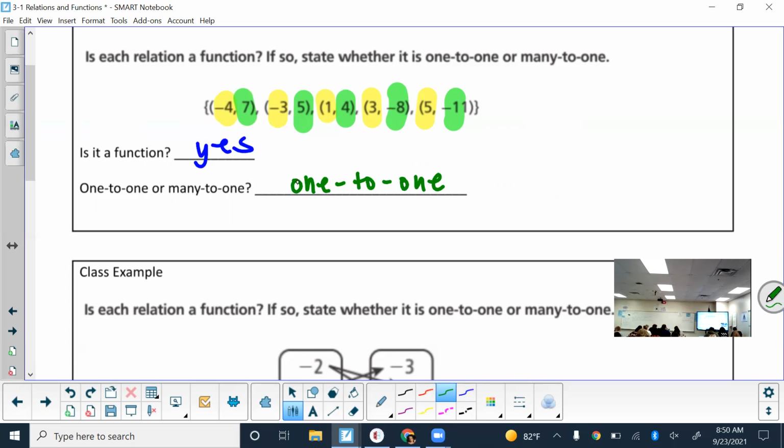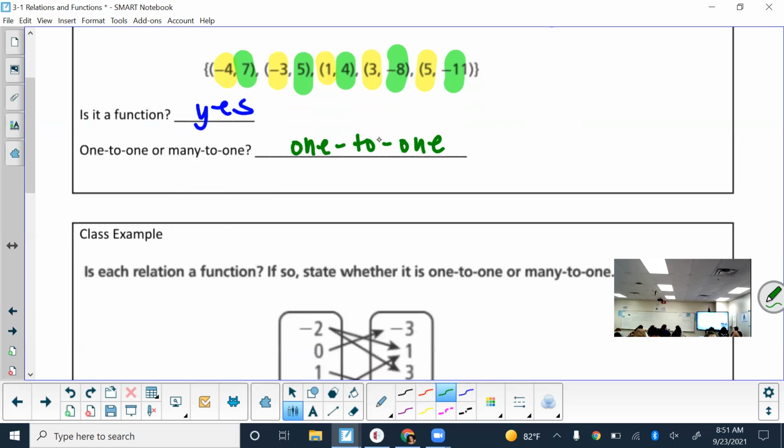Many-to-one would be if different x's point to the same y. And you will be asked something like that on the test, just FYI, like your exit ticket. It'll say, is this relation one-to-one, many-to-one, or one-to-many? Just think about it.